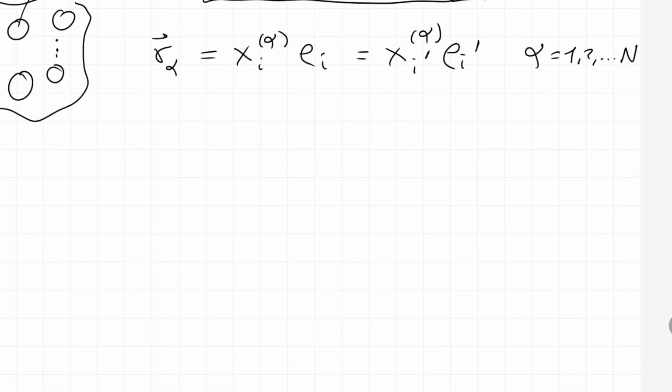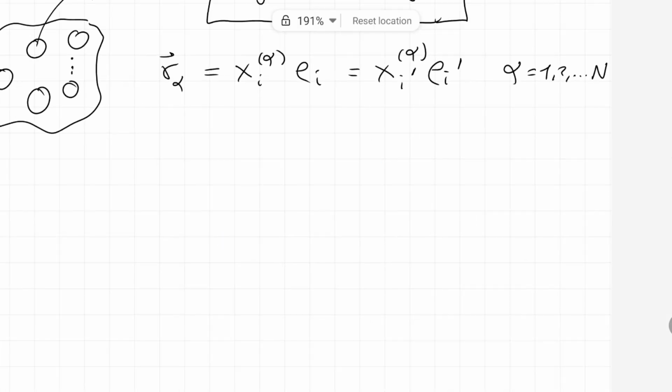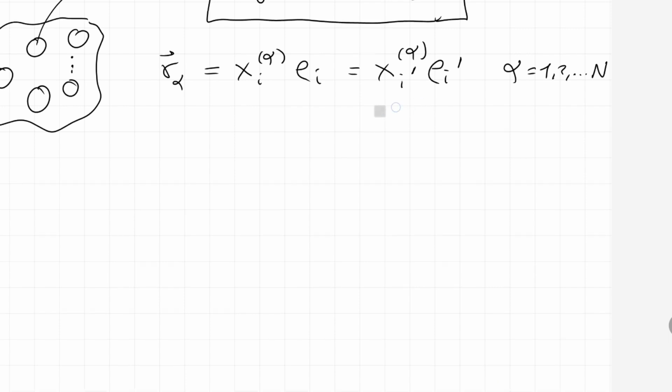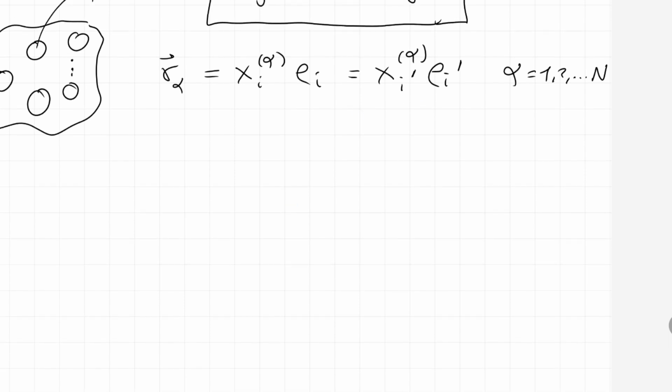Okay, perfect. So we can relate the components of the vector in one basis with the components of the other basis with the next equations. We are going to have that the i component of the alpha vector is related with a component of the transformation matrix a_ij prime times xj prime.